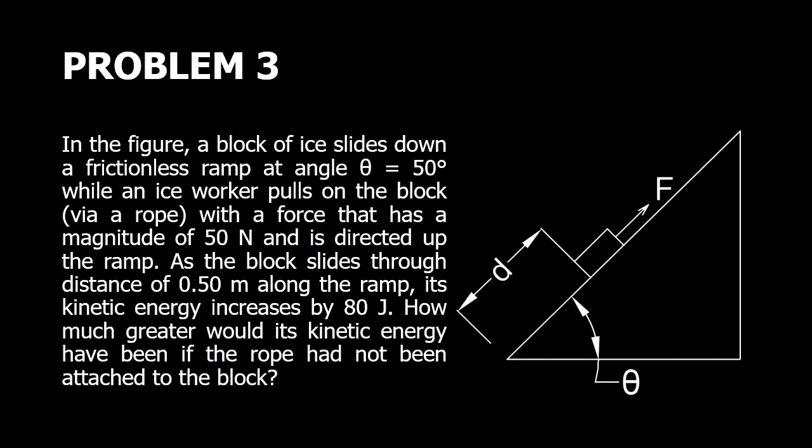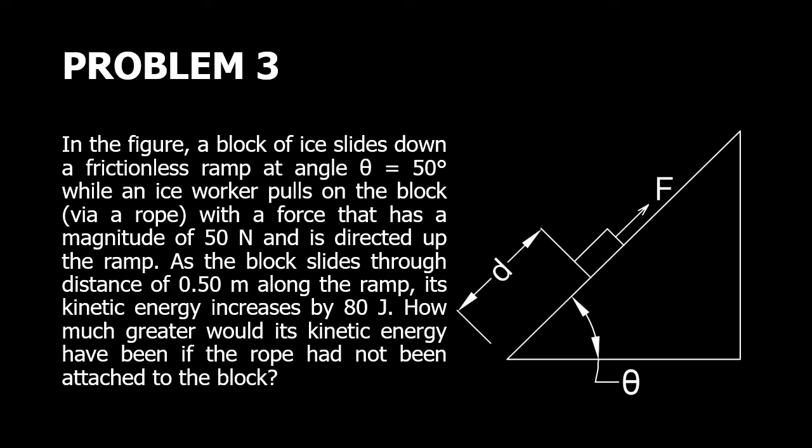Next problem. In the figure, a block of ice slid down a frictionless ramp at an angle of 50 degrees, while an ice worker pulls on the block by a rope with a force that has a magnitude of 50 Newton and it's directed up the ramp. As the block slides through the distance of 0.50 meter along the ramp, its kinetic energy increases by 80 joules.